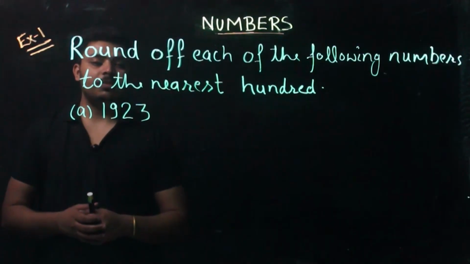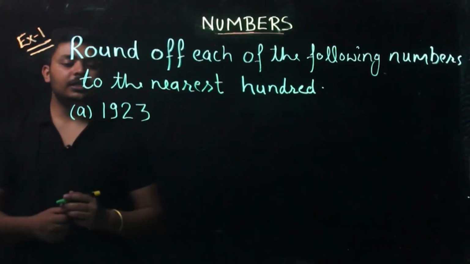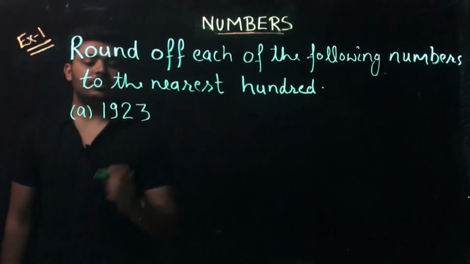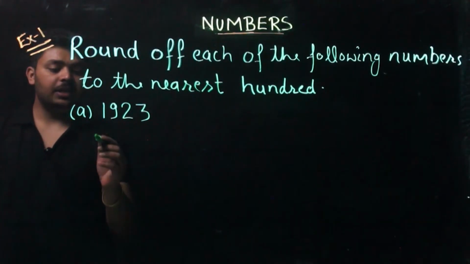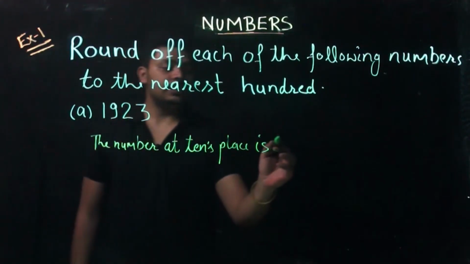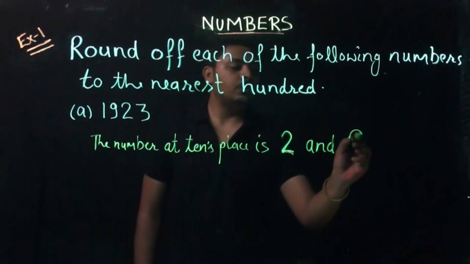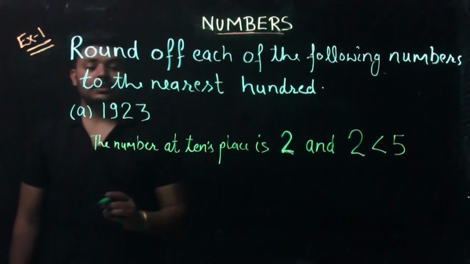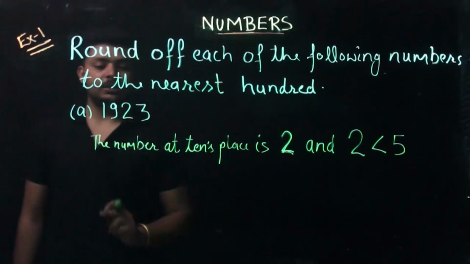So let's look at the example from first. In this example, we are given 1923. As you can see, the number at tens place is 2 and 2 is less than 5. So replace the number at tens and ones place with 0.